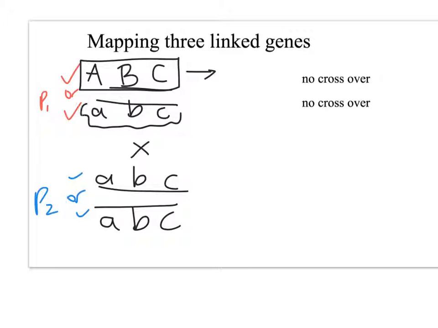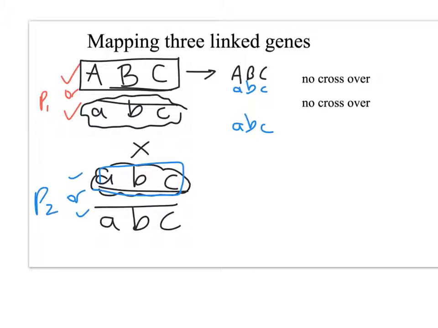And the other parent, maybe I'll draw this in blue, can only contribute that genotype, whereas this parent can contribute either of those.